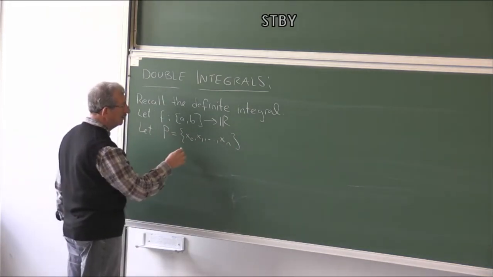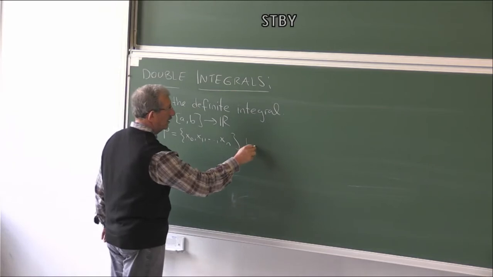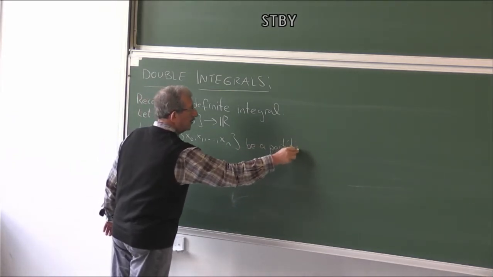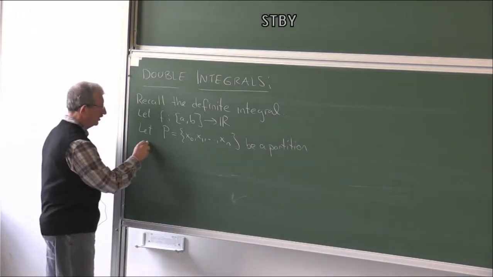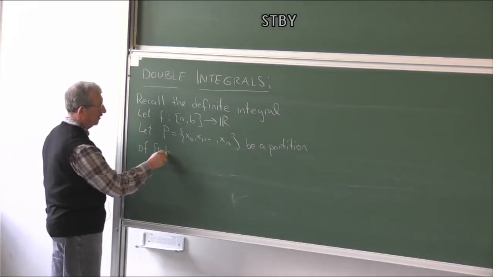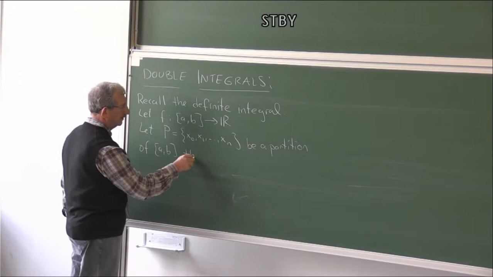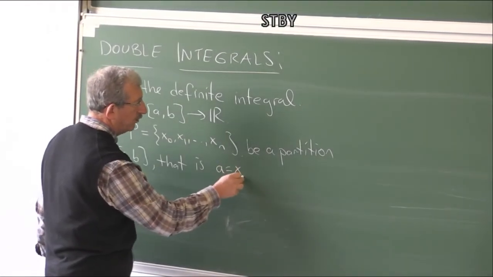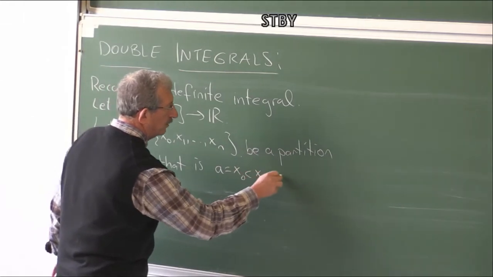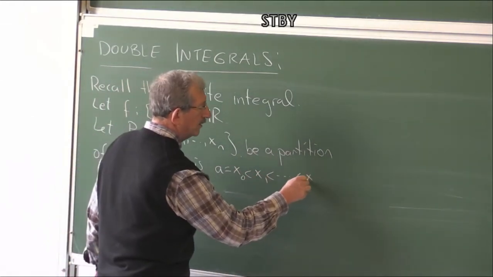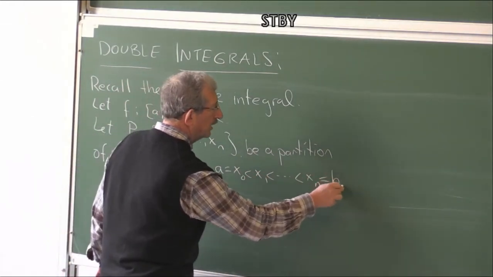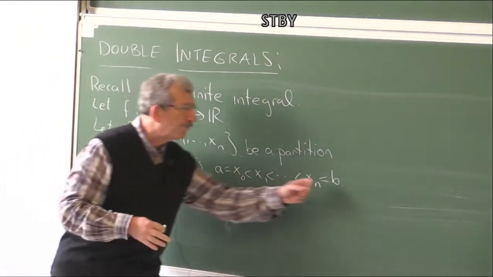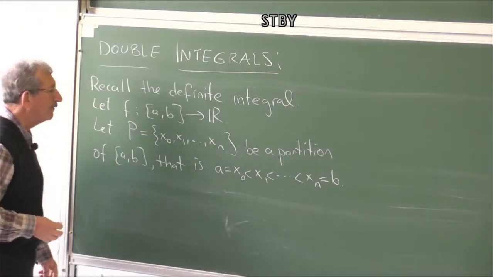This meant that a is x0, we had x1, and we had xn equal to b. So these were some increasing numbers in the interval with endpoints a and b.